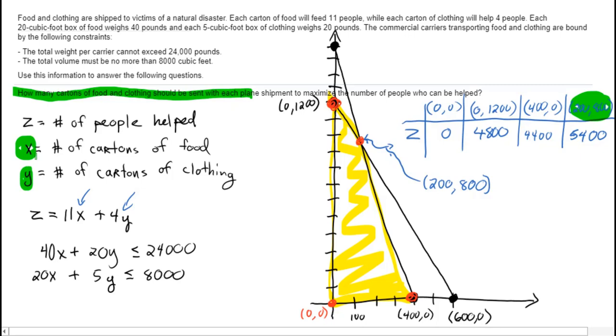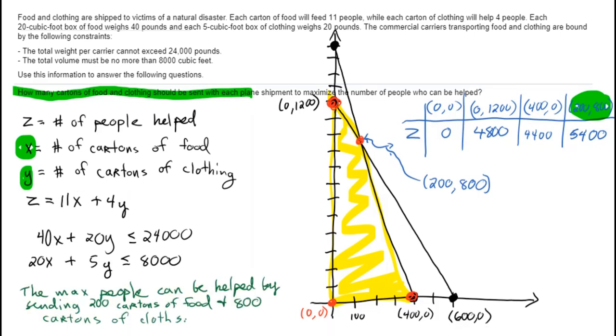Sometimes what they ask is how many people you can help, in which case the answer would be 3,400. What's the maximum number of people you can help? But here, our answer, I'll go ahead and write it in green, is the maximum number of people can be helped by sending 200 cartons of food and 800 cartons of clothing or clothes.